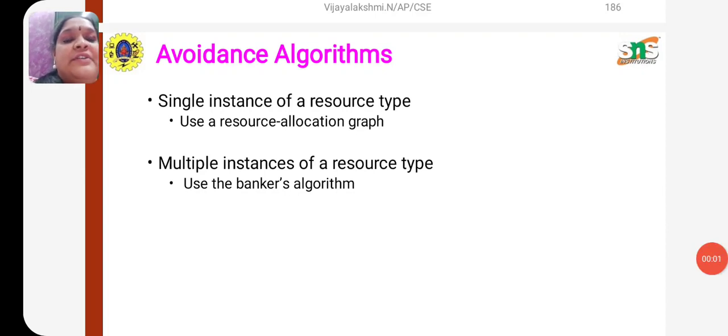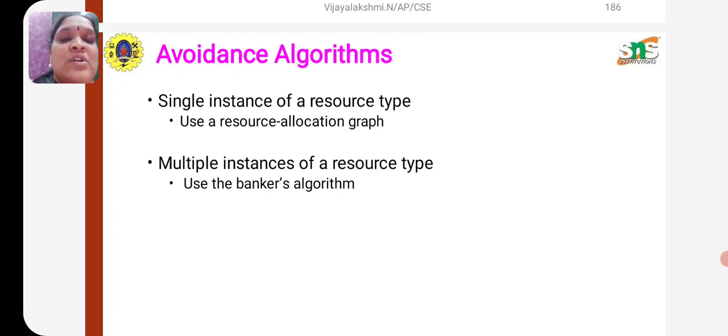So we are going to see about the avoidance algorithm. In the previous video, we saw what a deadlock avoidance algorithm is, and we saw the conditions for deadlock: mutual exclusion, hold and wait, circular wait, and no preemption.